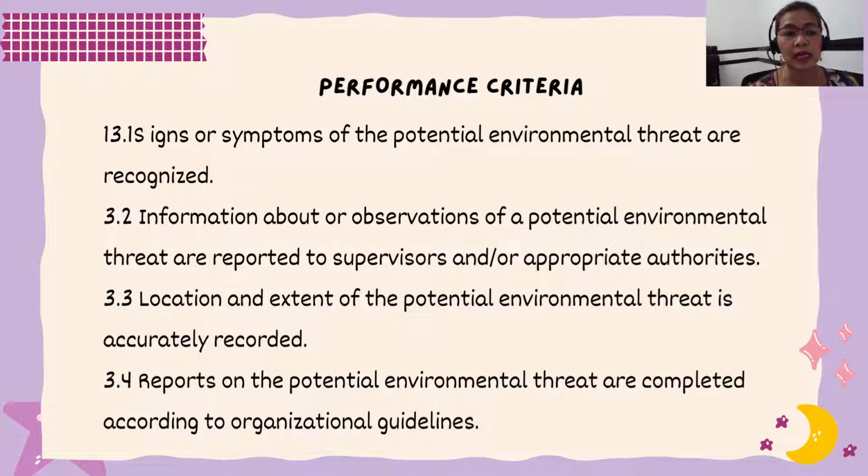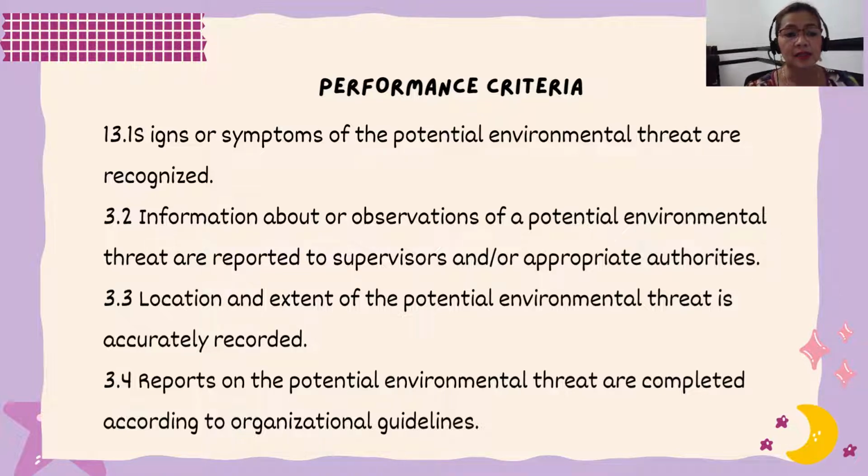The first one is that the signs and symptoms of the potential environmental threats are recognized. So at first, if you know that there is already a sign or symptom that may threaten our environment, then you have to report.